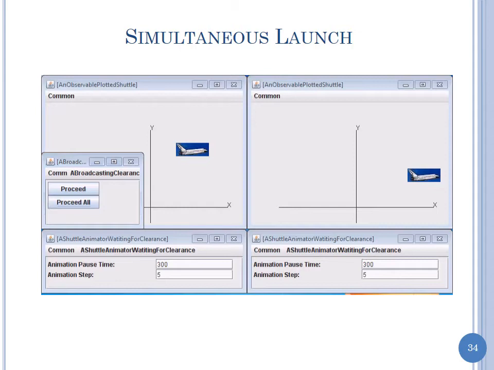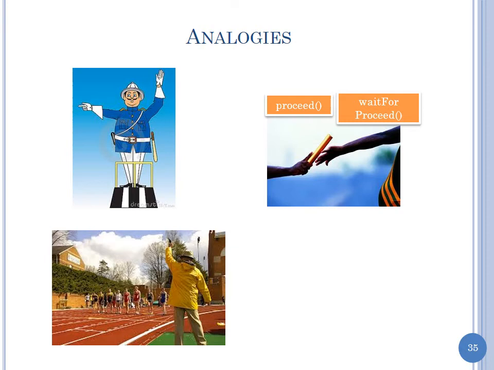Okay, so this is a situation where more than one thread is unblocked by one action. The analogy here is a policeman saying, "Okay, everybody now in this direction can start moving," or in a relay race, a person saying, "Okay, here's a signal for all of you to start running."